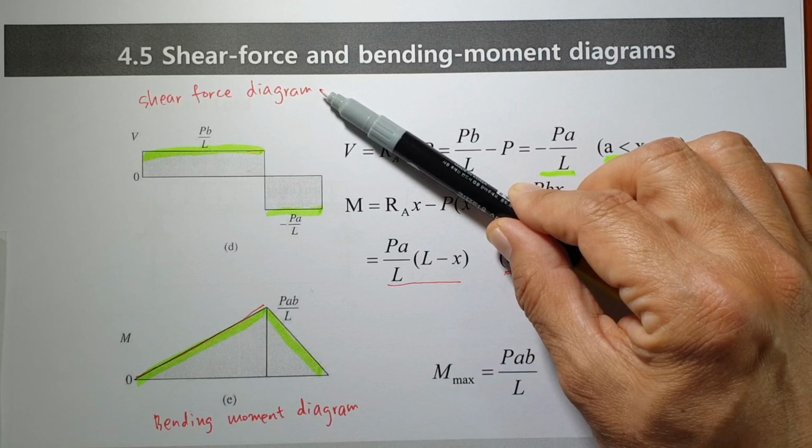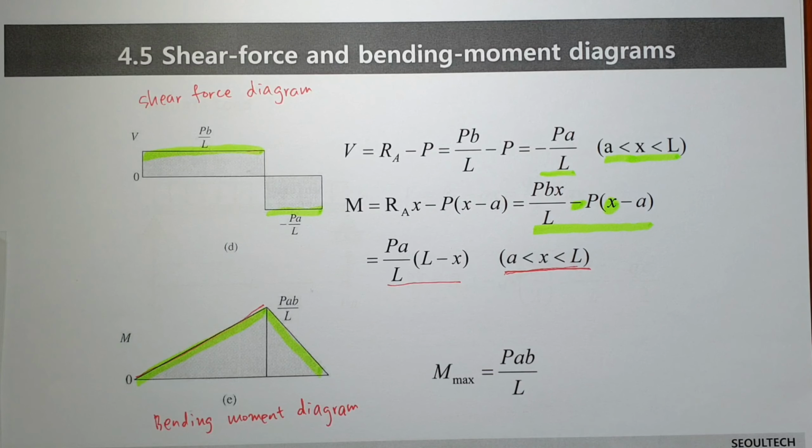And shear force and bending moment, there is some relationship. When you take integral once or twice, then you can have different kind of diagram. Anyway, mathematically you can derive it, but we can calculate each step.